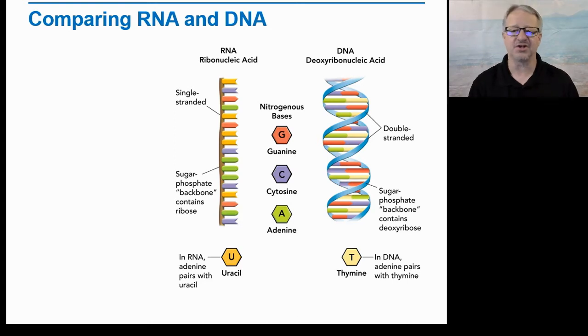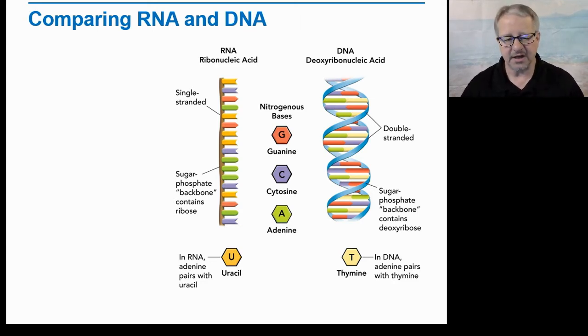Now, each nucleotide in the DNA is made up of a 5-carbon sugar, a phosphate group, and a nitrogenous base. Now, you should already know that, but what you should also know is that this is also true for RNA. But there are a few important differences between RNA and DNA that we need to talk about.